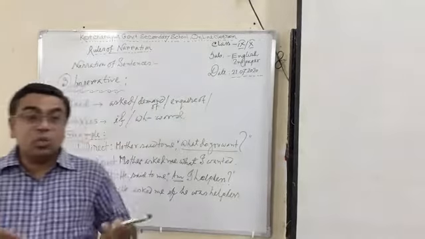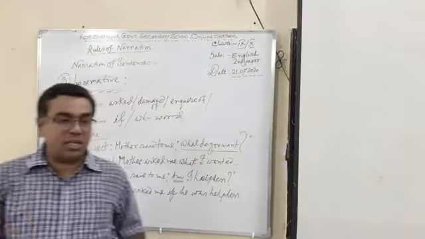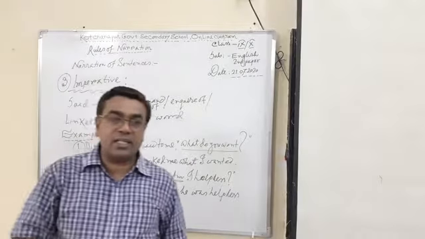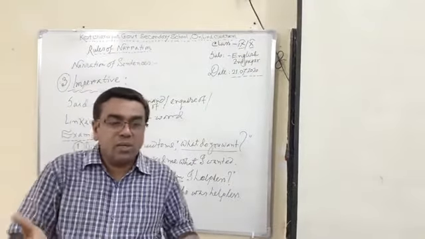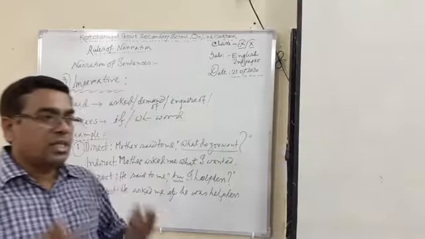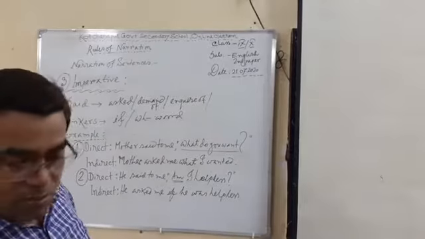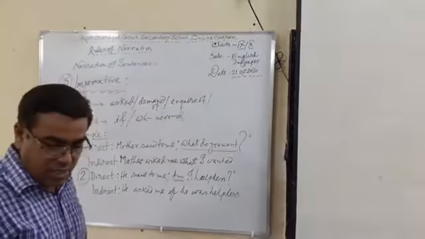Examples: do it, do the sum, open the door, shut the book, etc. And let him play cricket. Let's go out for a walk. Let them go there. Okay. These are two types of imperative sentence in direct to indirect speech.